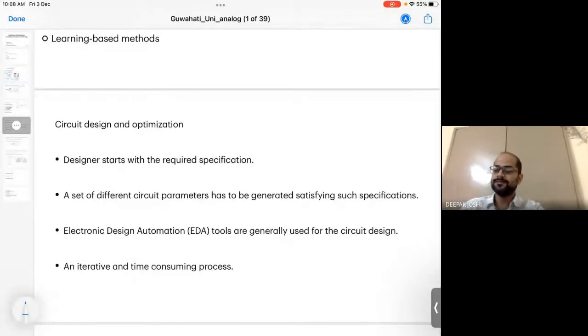In that you might have experienced that a lot of tweaks are needed in order to achieve the required output. Now, even in the same technology, let us say you have two stacked NMOS, one NMOS and then another NMOS.